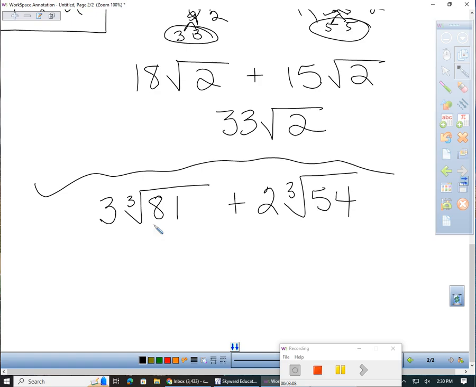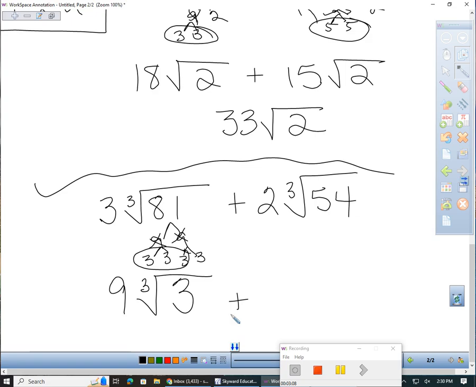So we got to simplify them. This time, how many friends am I going to need? 3. Good. So in this first one, I have a group of 3s that get to come out. When they come out and join the 3 that's out there, we multiply the fun. I have 9 cube root what? 3. There's 1 3 left over.